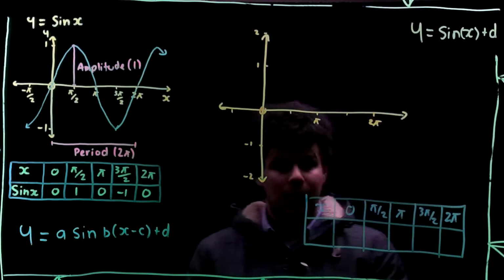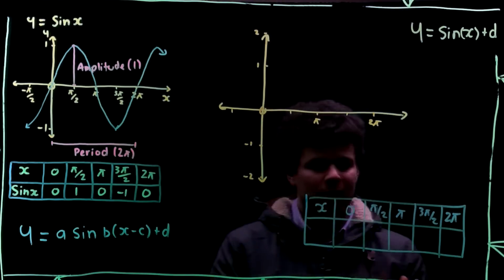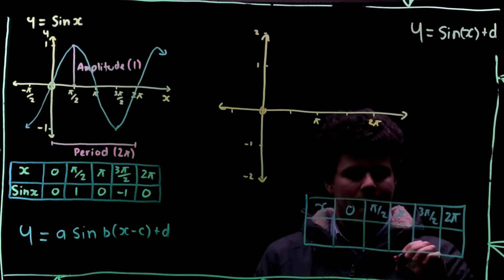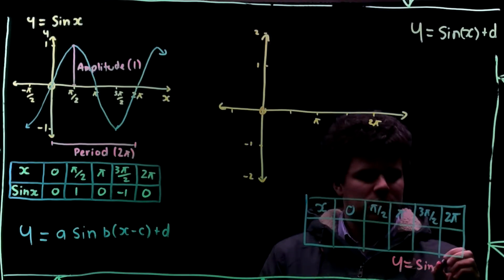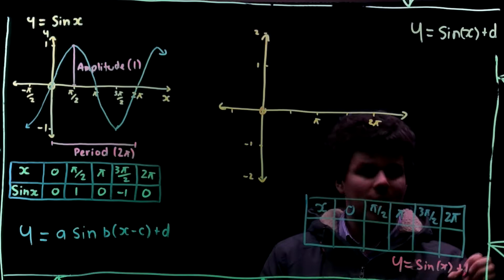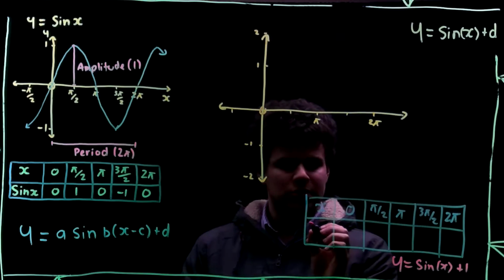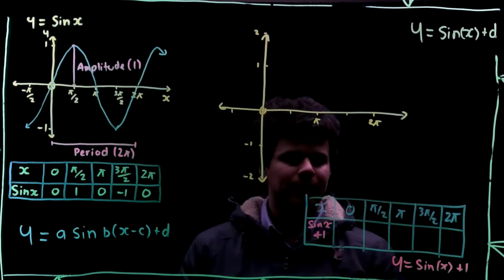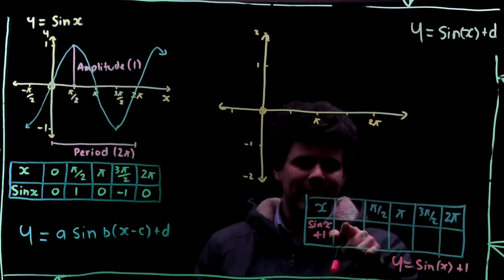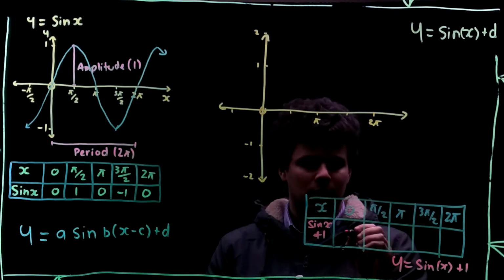This time let's make d equal to 1, so that the example function is going to be y equals sine of x plus 1. So let's put into our table here, sine x plus 1. At x equals 0, sine of x equals 0, so sine of x plus 1 is 1.